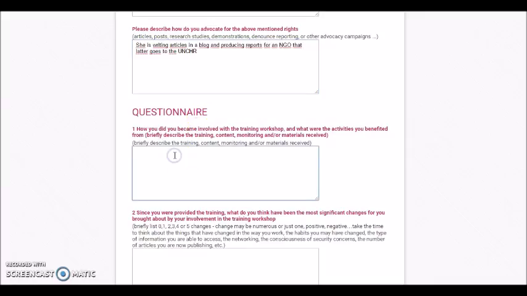So here, for example, we will say that she was contacted through a network of human rights defenders, that they selected her because of the number and quality of articles she wrote.